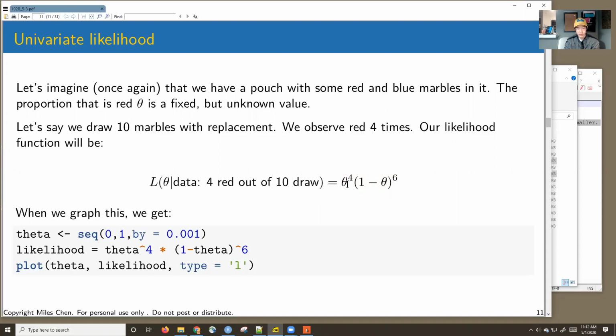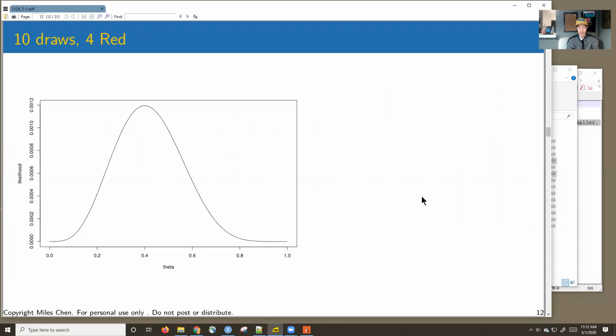And so I'm going to graph this, and we're going to see what is the likelihood of this outcome of getting four red marbles across different values of theta, okay? And so our likelihood function looks like this. Remember, this is a function of theta, saying that if the proportion in our pouch is 100% red, the proportion is 1.0 for red, then the likelihood of drawing 4 red and 6 blue is 0, okay?